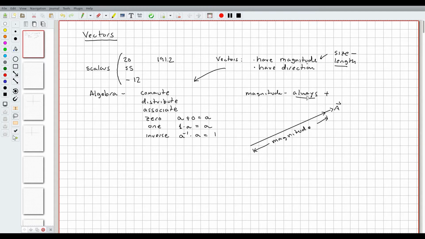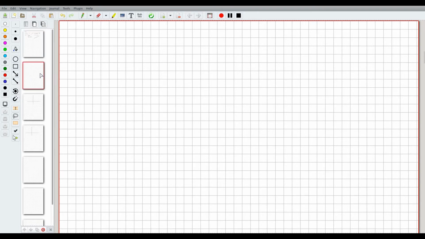Now, to start us on our journey of understanding the algebra of vectors, what I would like to do is to look at the classic way that vectors were added to each other. That's called the method of parallelograms.